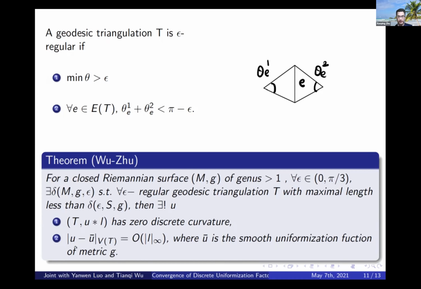And also, the difference between U and the smooth uniformization function U bar on the vertex set is controlled by the maximum length of our triangulation.